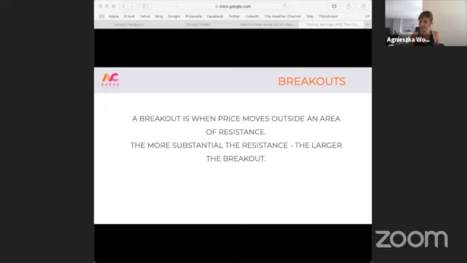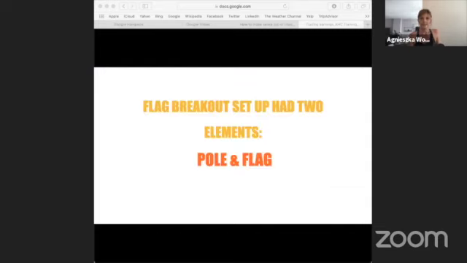For those of you who don't know exactly what a flag breakout is, it's actually very simple. It has two elements. This is a stock that recently had a move up, the so-called pole of the flag, and now it's consolidating and forming a flag.